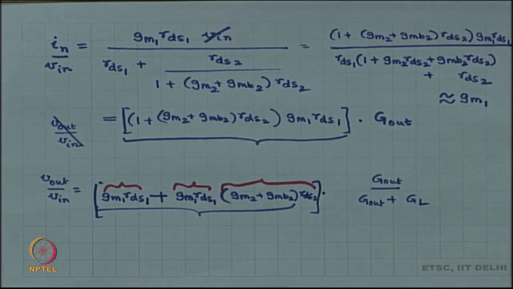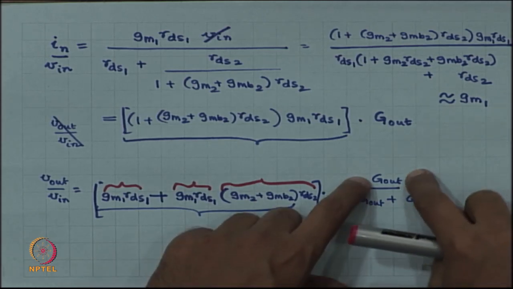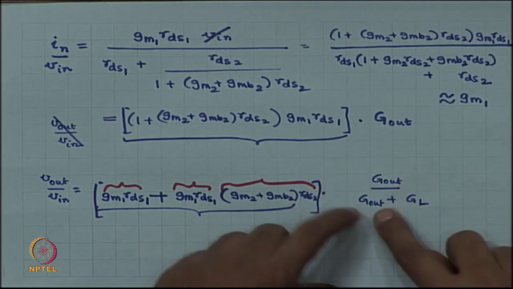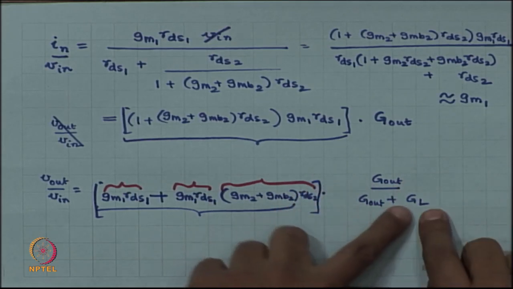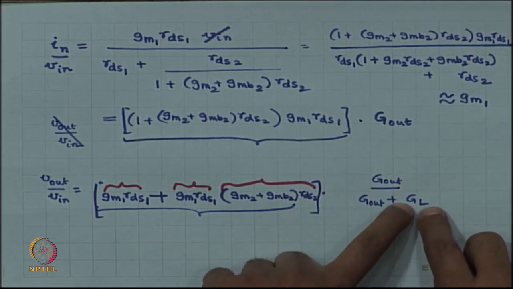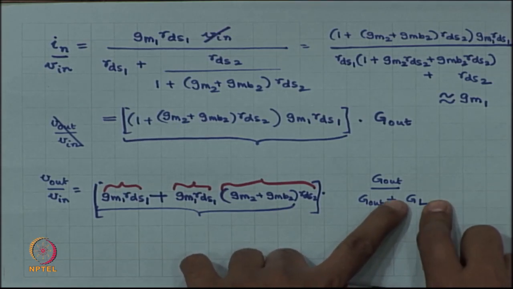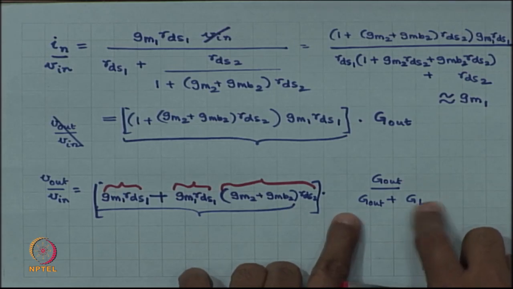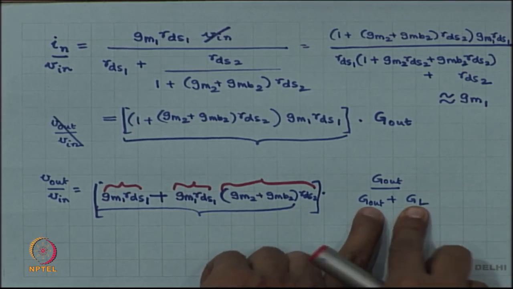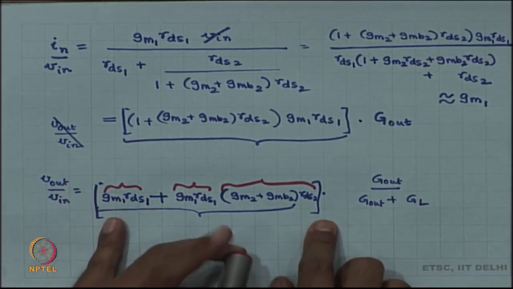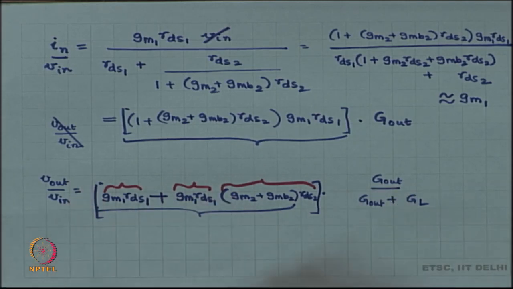Oh no, G out is very small, I am sorry, G out is very small, R out is very large. So, it all depends on G L. So, if I make G L, for example, 10% of G out, 0.1 of G out, then this is more or less a factor of 0.9 or something, and I end up with a voltage gain of 10,000.